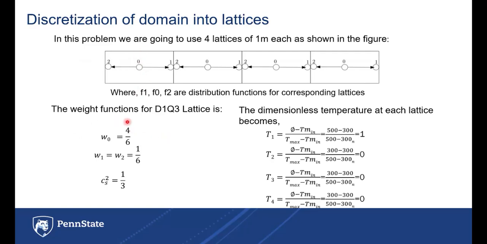And for the D1Q3 lattice problems, the weighting functions for each lattice are constants. So for the omega 0, which means the weighting function for standing still, it is 4/6, and for the left or the right, they are both 1/6.